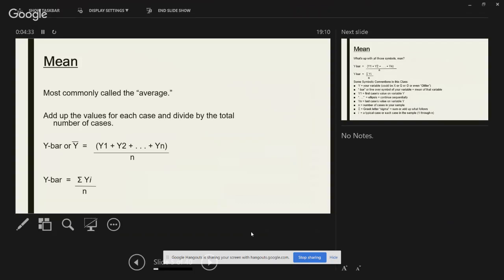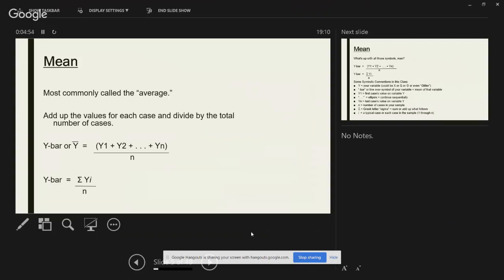Starting with the mean, it is mostly called the average. If you have 10 people earning in your company, people might ask you what the average salary of those 10 people is.